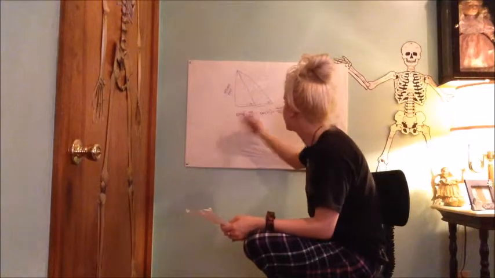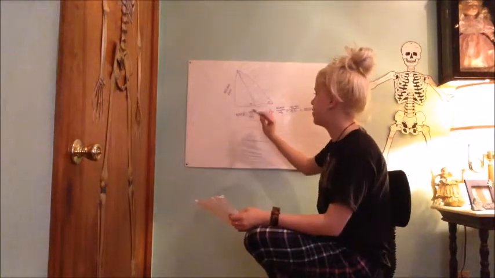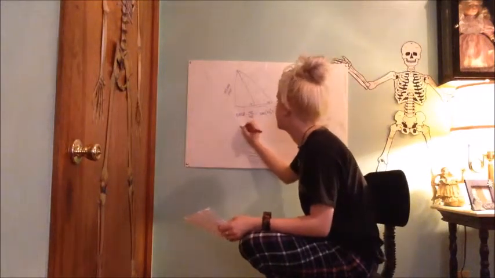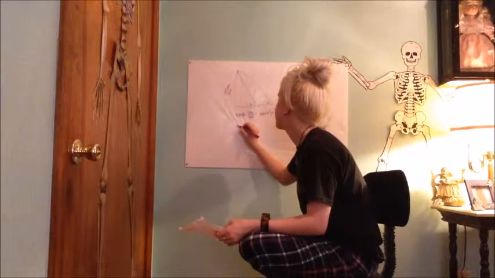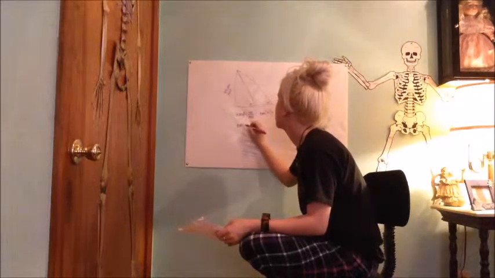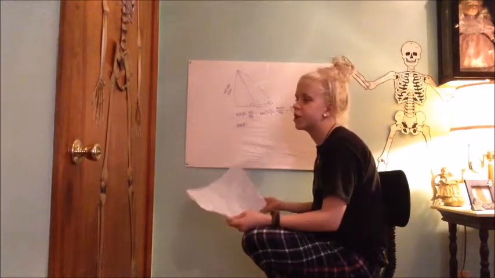Then we do the same thing, but for the 72. So what we do is tan. I write the tangent, the theta, and the opposite over adjacent every single time.